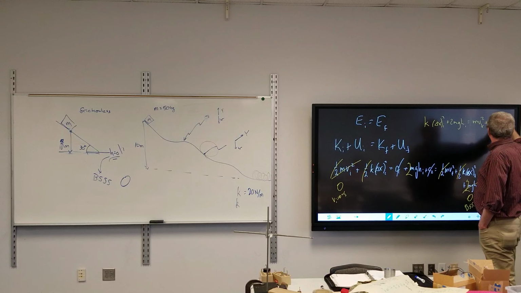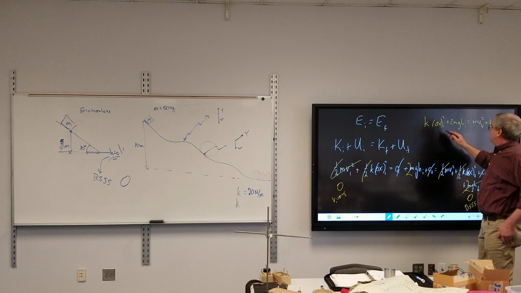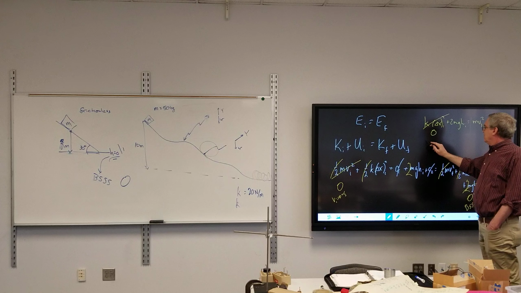That's what we're actually trying to find there. The question is how much will the spring compress? Is the displacement initially 0? Yeah, the spring's just sitting there. Oh, I was looking at it as the object. I just switched.